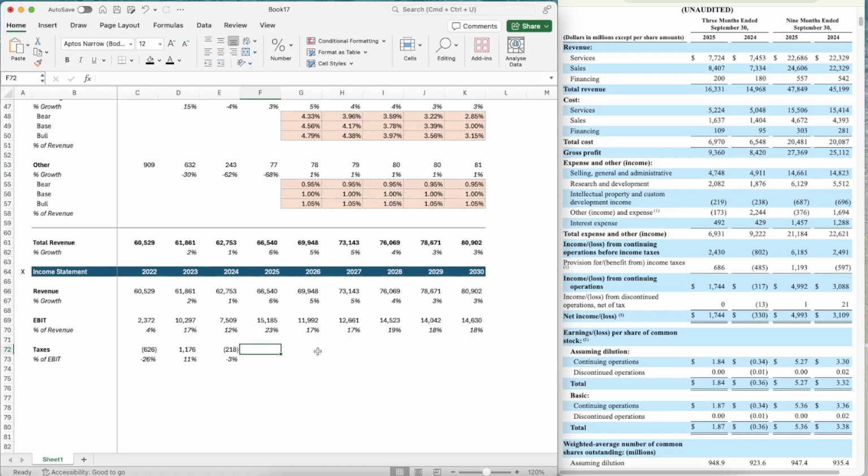Let's just multiply it by 1.3. Actually, the better way to do this could be divide by 4 multiplied by 3. No, sorry, it's the other way around. It's divide by 3 multiplied by 4 to get an annual.